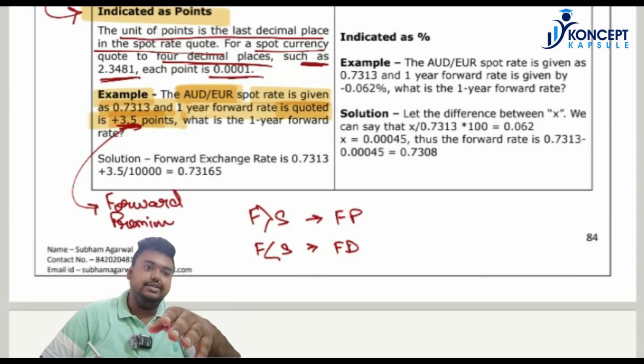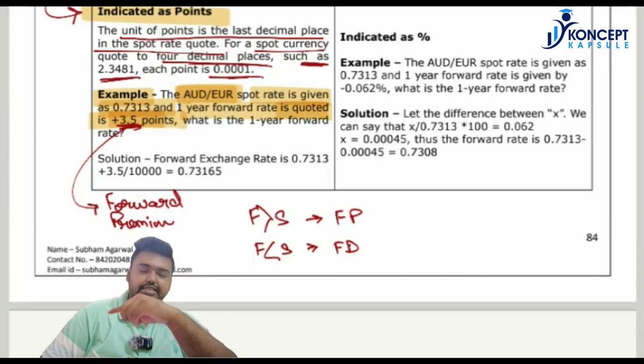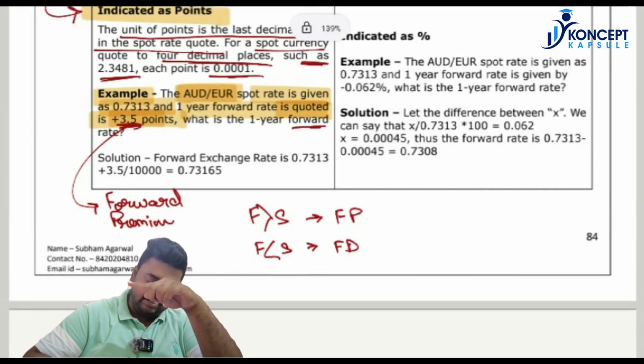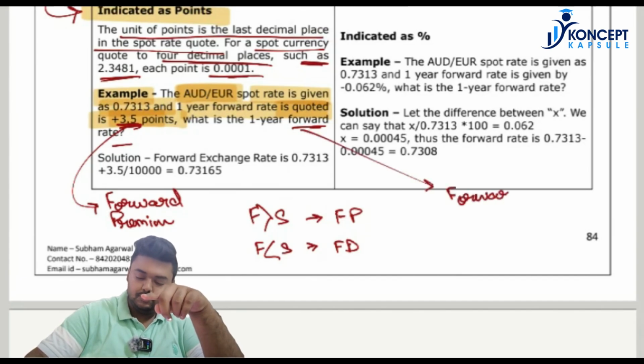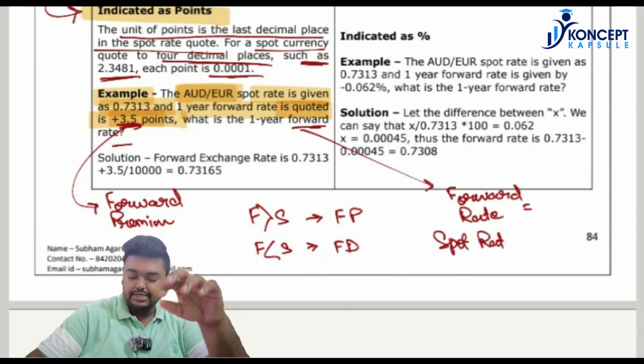If it was minus, it would have been forward discount. Now, since it is given plus 35, how do you calculate the 1 year forward rate? Forward rate is equal to spot rate plus the points.